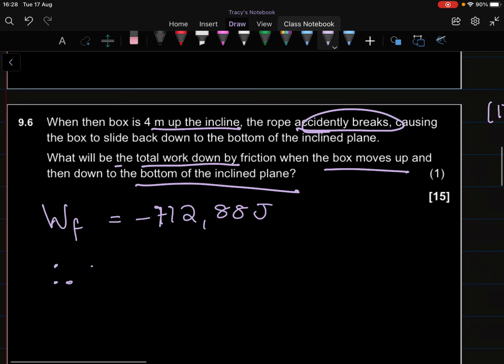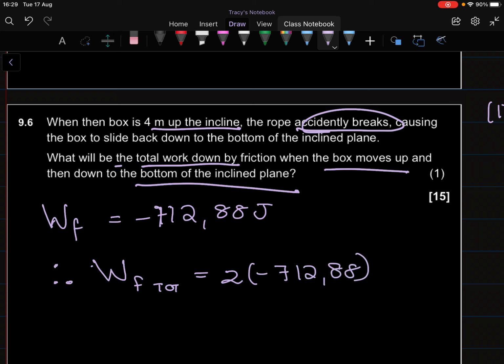Therefore, the total work done by friction is 2 times the minus 712.88. Same distance, same friction. And it has to be negative because friction cannot do positive work at all. Friction always opposes motion. I really hope that helps.